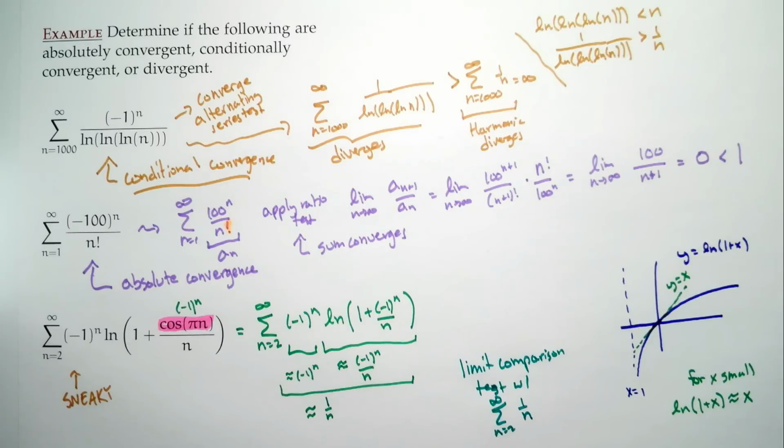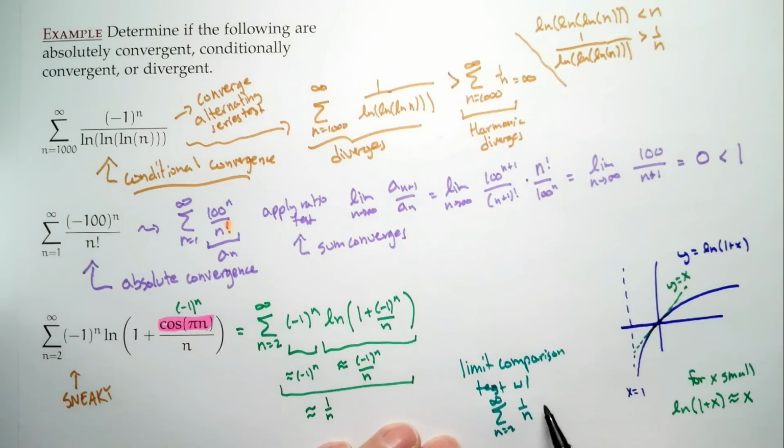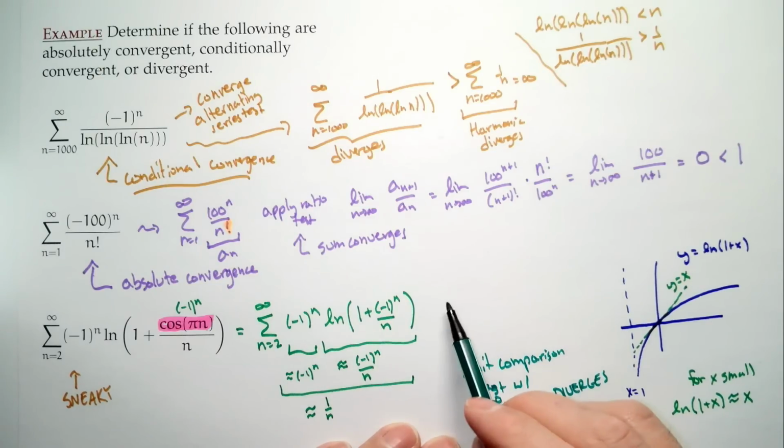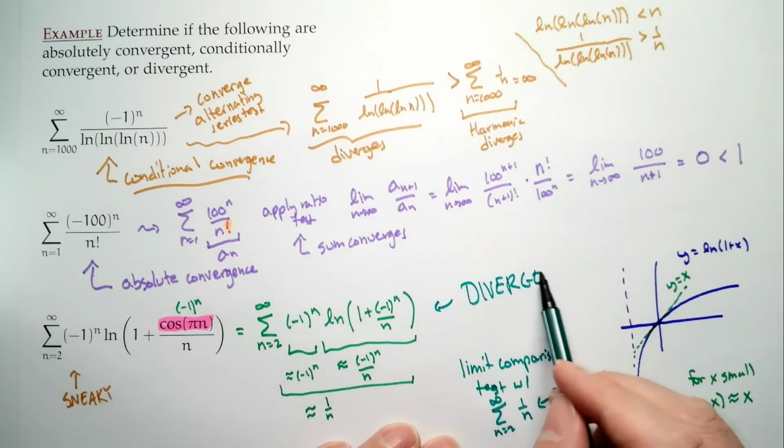Does this sum converge or diverge? Well, we've mentioned this before. In fact, just up here, this diverges. And therefore, by limit comparison test, this is a diverging sum. The original sum also diverges.